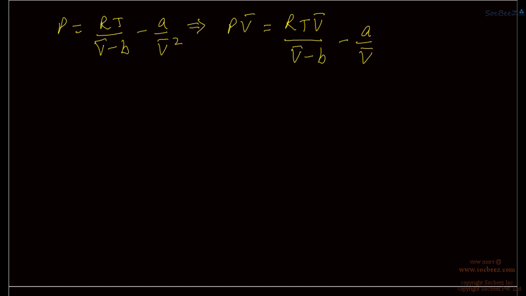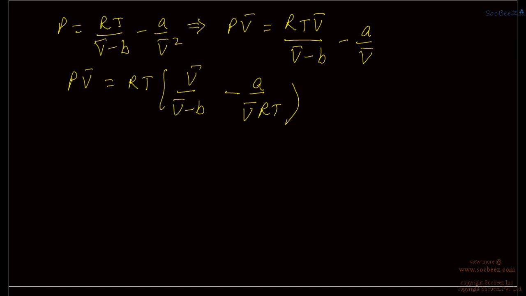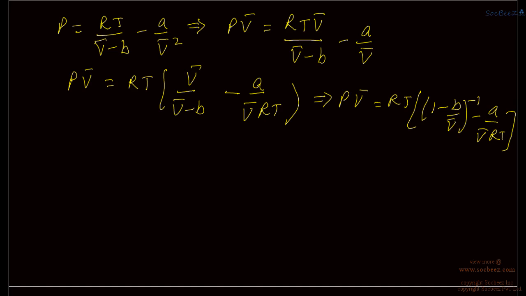Okay. So, rearranging this expression, we get P V bar equals RT V bar upon V bar minus b, minus a upon V bar. So from here we get P V bar equals RT times 1 upon 1 minus b upon V bar, minus a upon V bar RT.